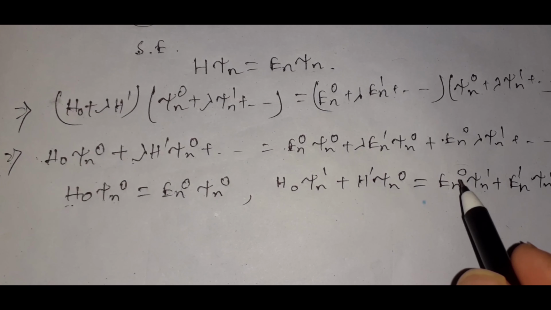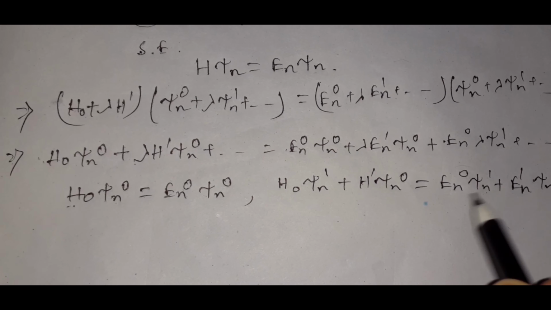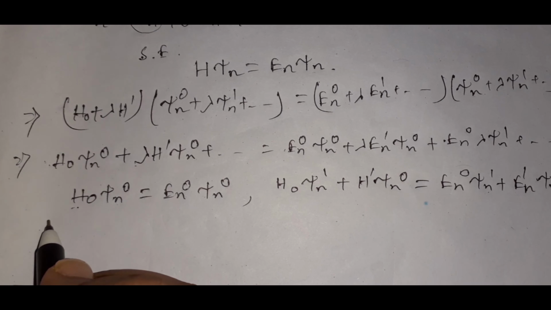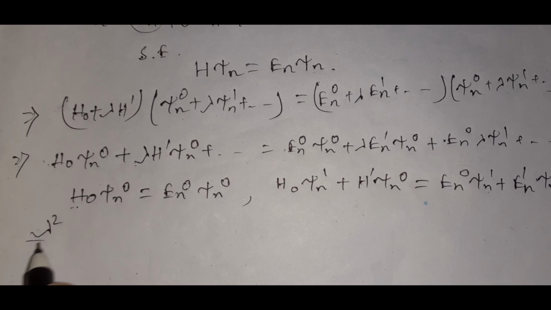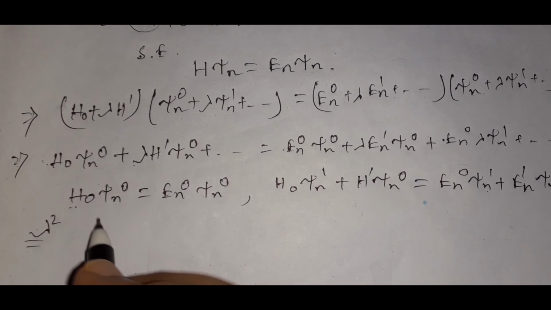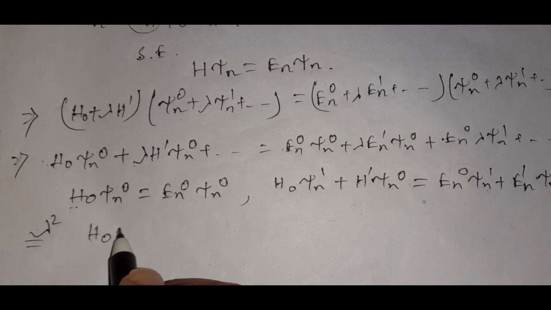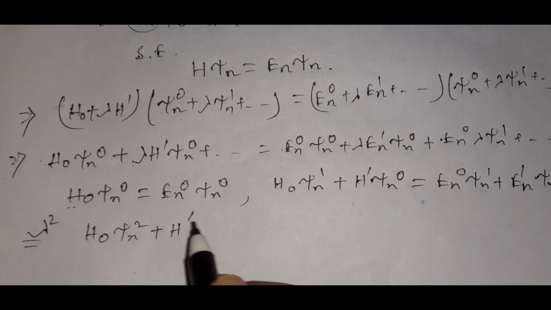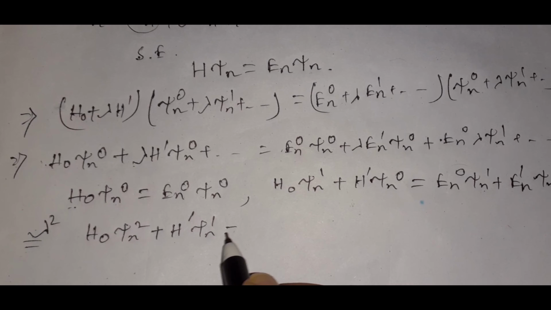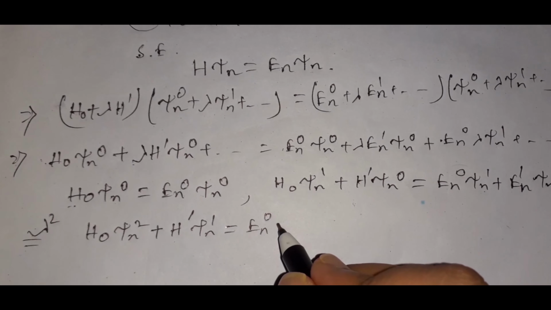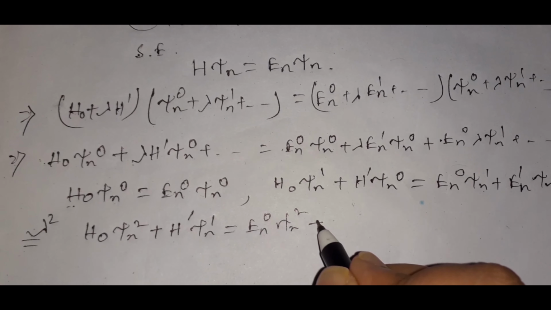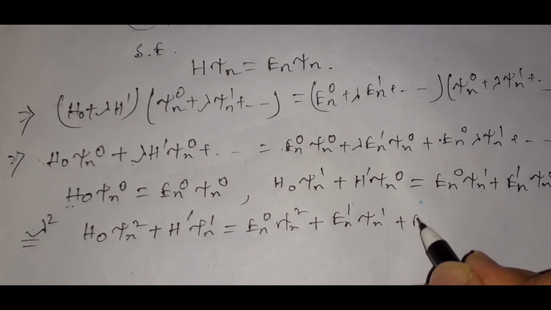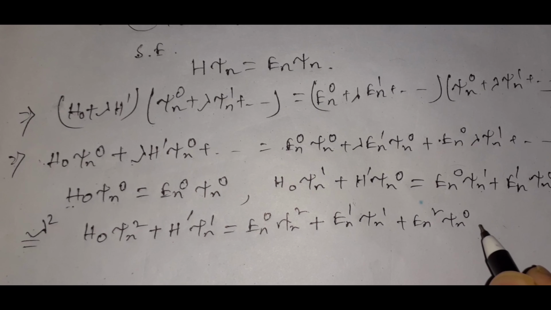As I said earlier, I am going to put lambda equal to 1 to simplify that. If I go further, let's equate lambda to the power 2. For lambda to the power 2, we get H naught psi n2 plus H prime psi n1 equal to En0 psi n2 plus En1 psi n1 plus En2 psi n0.